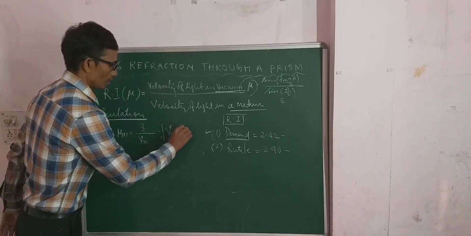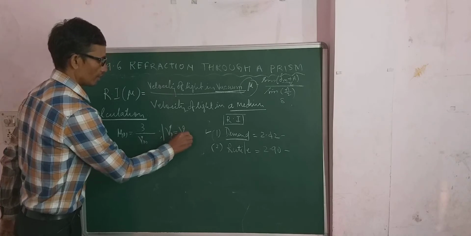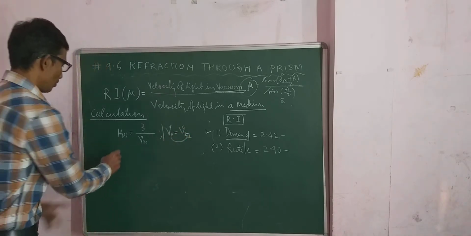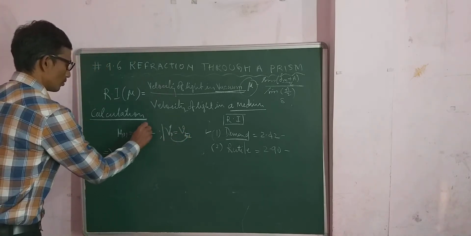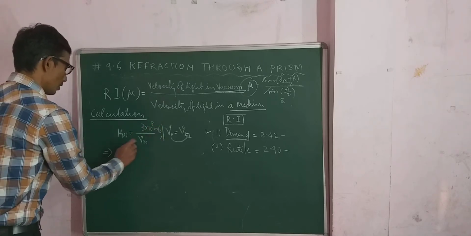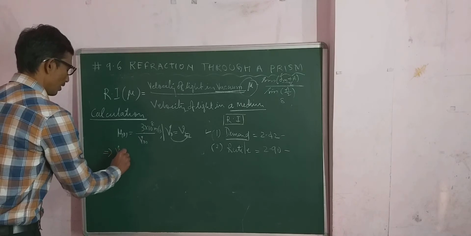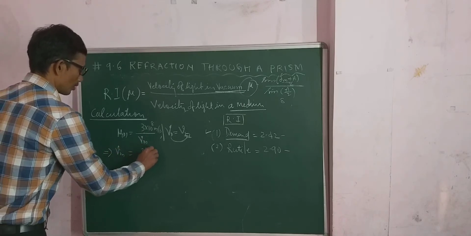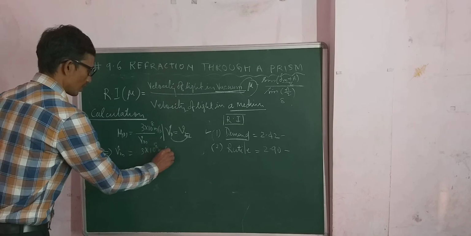We know the velocity in the medium, and the medium is diamond. So we find this velocity in meters per second. The speed of light in vacuum is 3 into 10 to the power 8 meter per second.